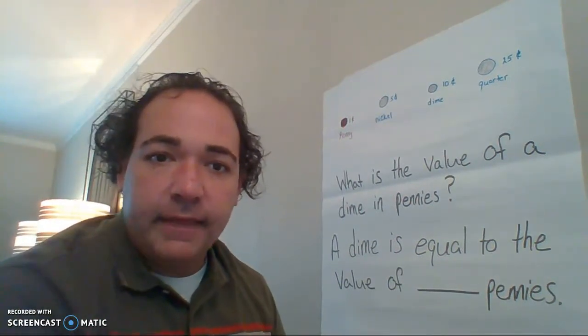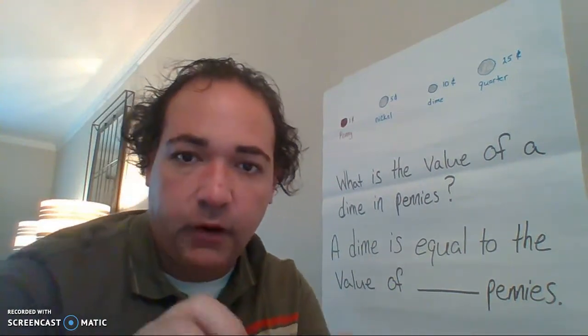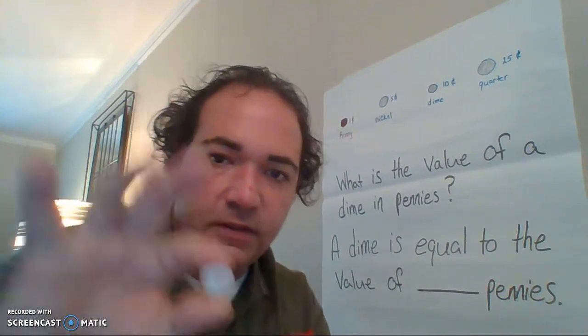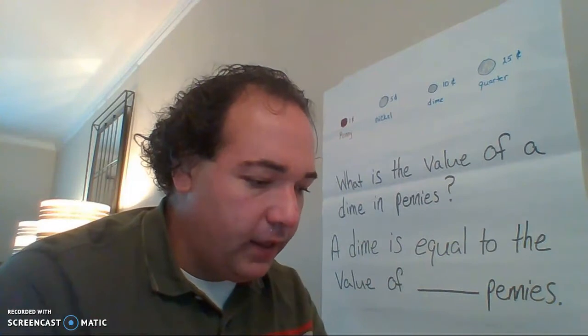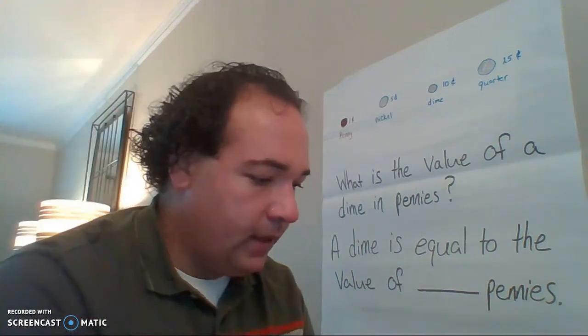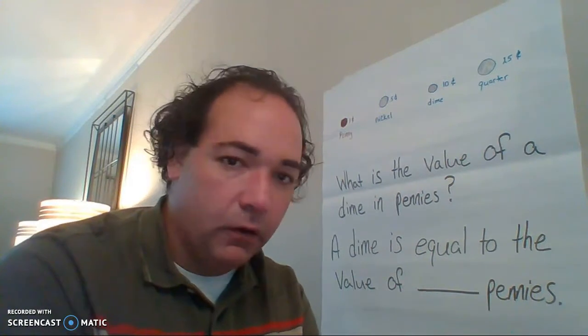We know that there are different colors of coins. The penny is the most different color. It's a brownish, kind of orange, copper colored. So there's my penny. We have the nickel, which is a little bit bigger than a penny, and silver. And then we have a dime, and the dime is smaller than the nickel in size.